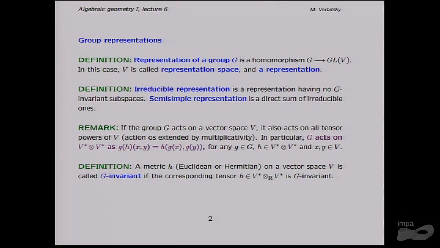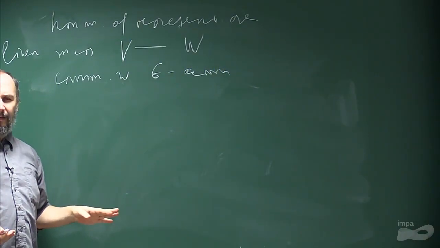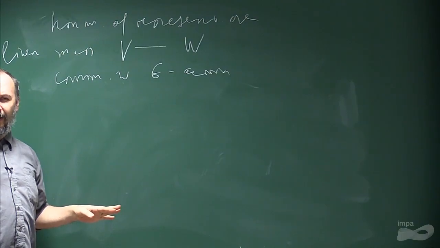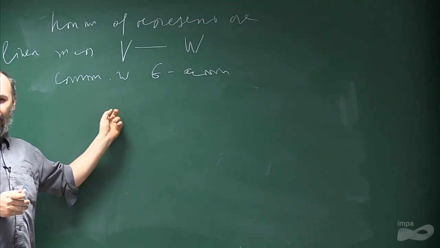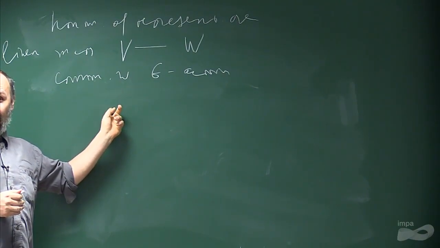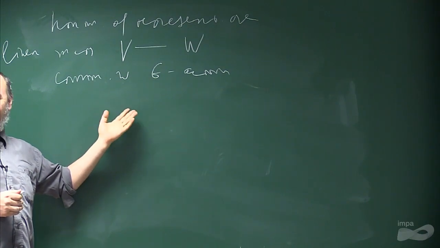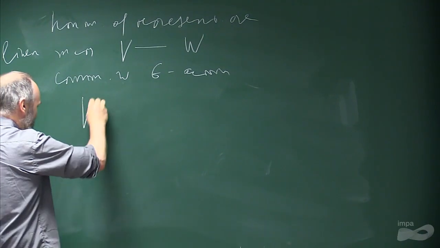So each element of G acts on V in a way which is compatible with the way it acts on W. Should I explain what is compatible, or is it clear? Who wants me to explain what compatible means? Who doesn't want me to explain this? Okay. I probably should do that.